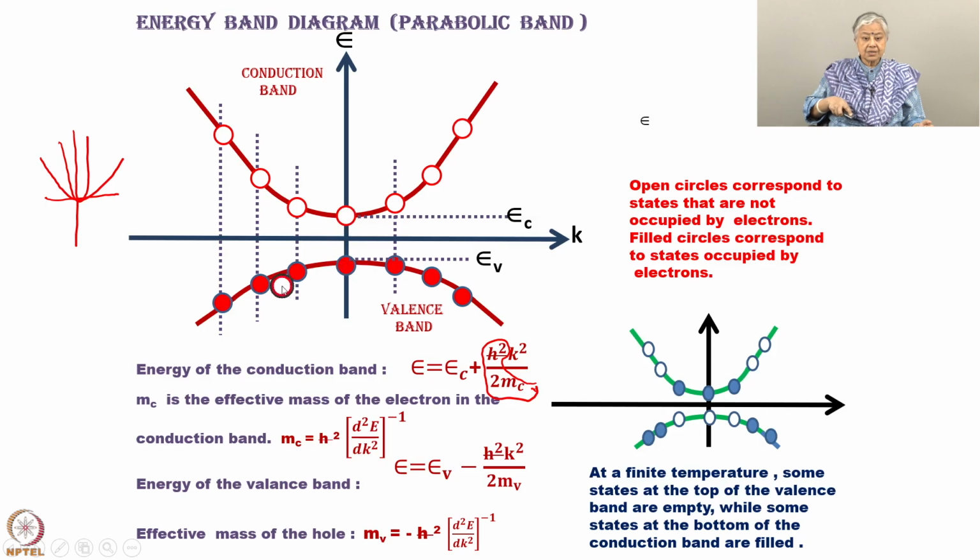Then what happens is, some of these electrons can jump into this band very easily, even at room temperature. If that is the case, then it is a semiconductor. If the band gap is more, it is an insulator. If the band gap is small, then it is a semiconductor. So, I just gave you an idea of what a semiconductor energy structure looks like.